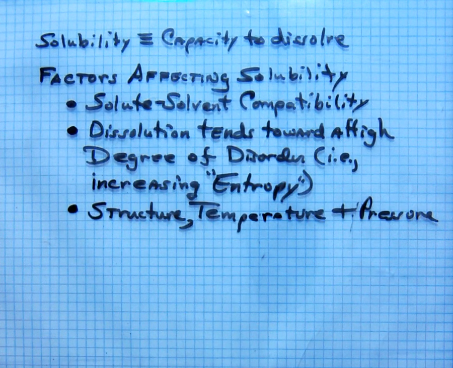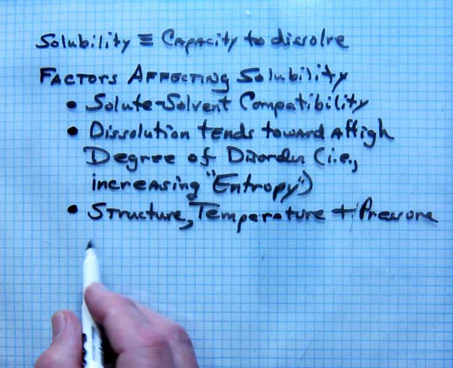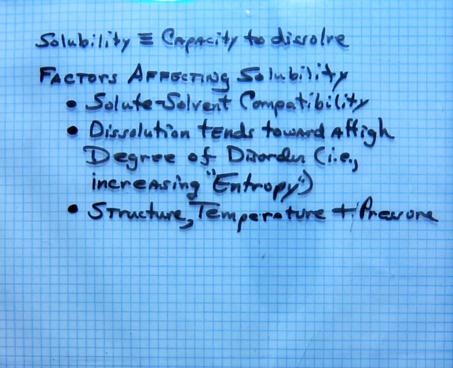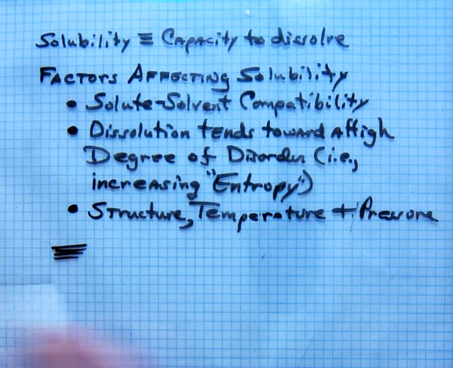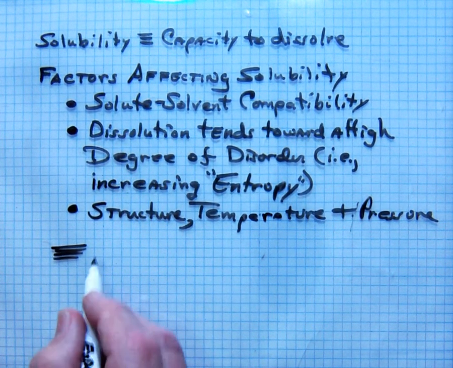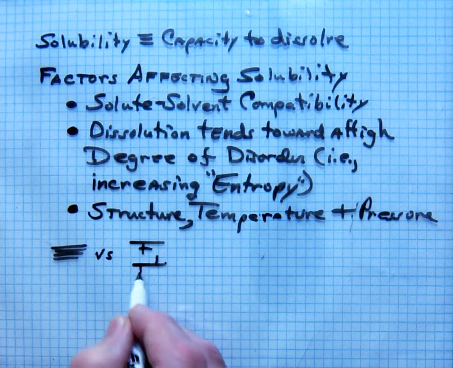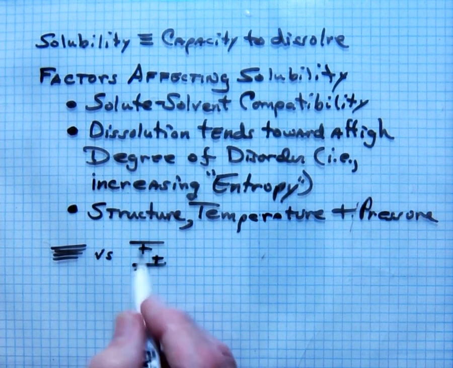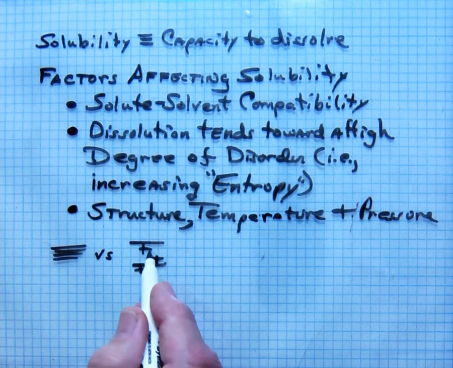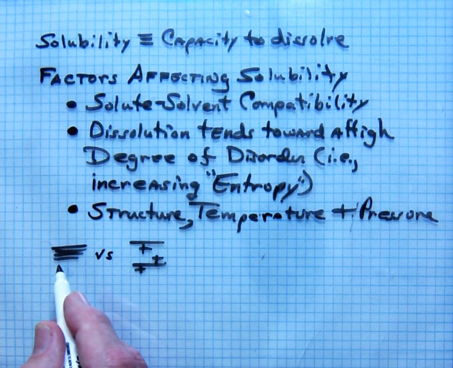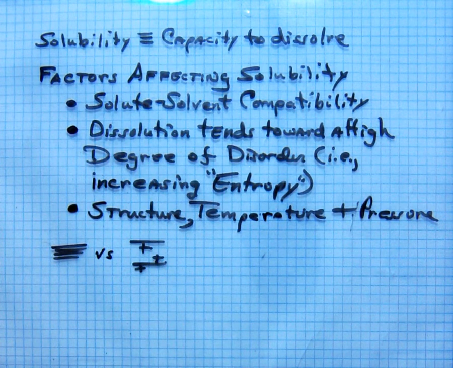Something that's crystalline or packed closely together is harder to dissolve than something that's not crystalline. Say you had a closely packed molecular structure versus something that has branches in it like this. This would be easier to dissolve because the accessibility of the solvent is higher here in this structure than it is here. So crystallines would be more difficult to dissolve. And that's what we're talking about in terms of structure.